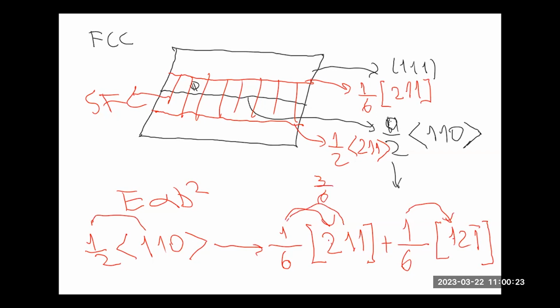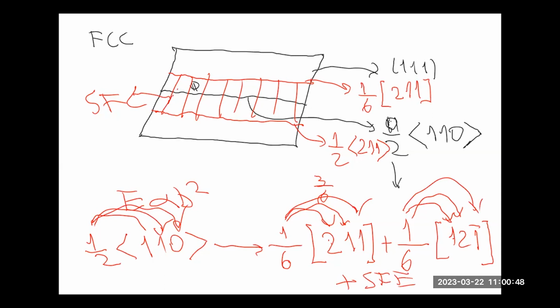Let's check the other term: 1 by 6 plus 2 by 6, again 1 by 2. 1 by 6 minus 1 by 6 is equal to 0. Perfect. Of course, we have a stacking fault energy after this dissociation into two parts.